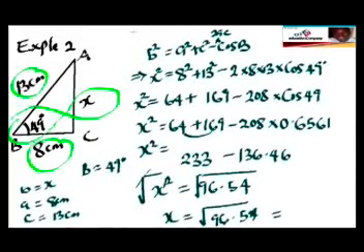The square root of 96.54 is 9.83. So our final answer is 9.83, and it's given in cm. So 9.83 cm is the final answer.